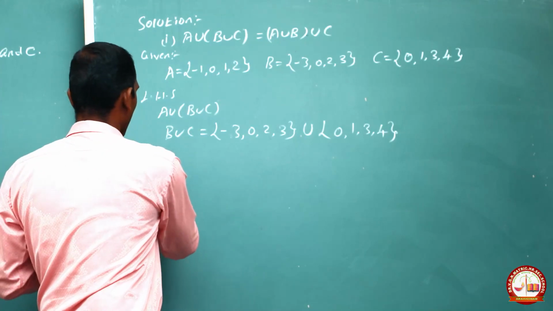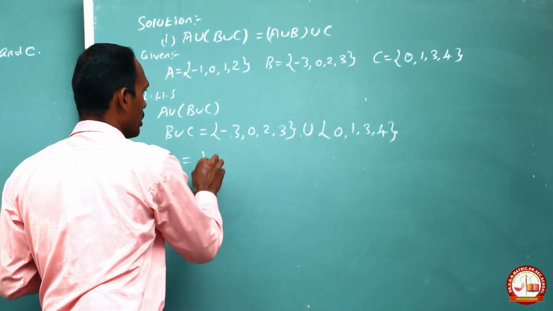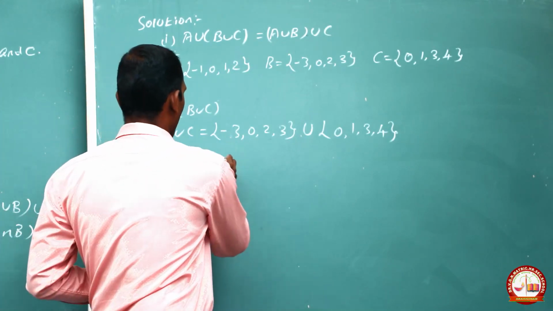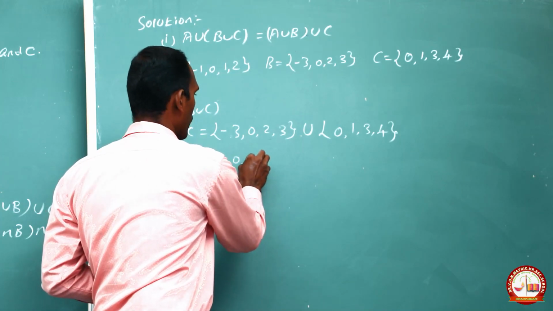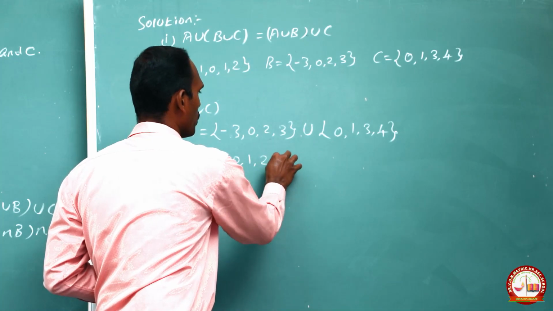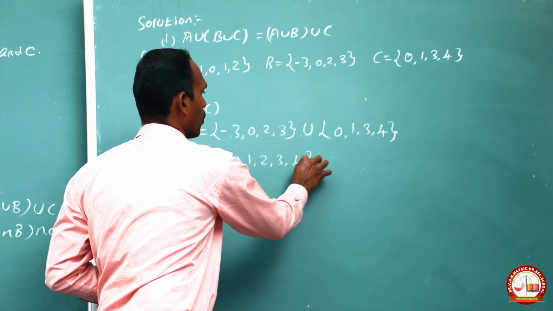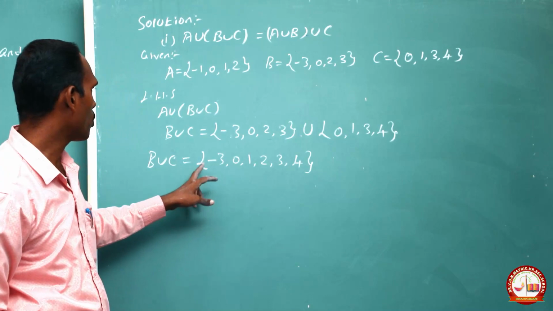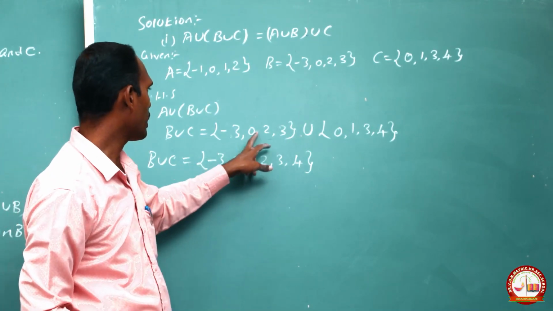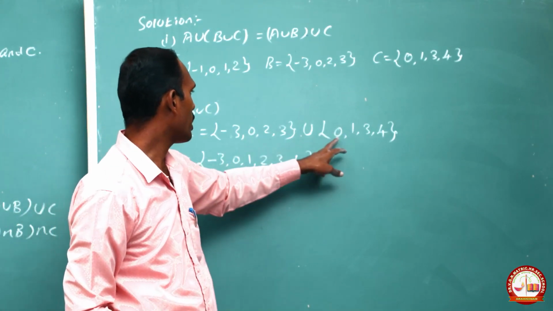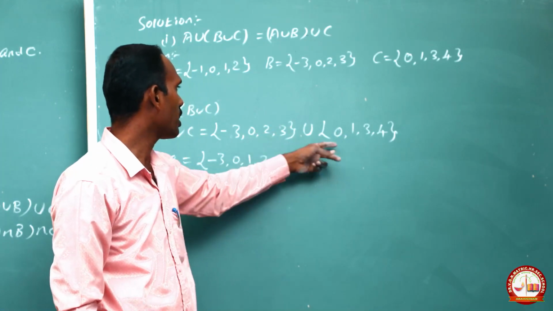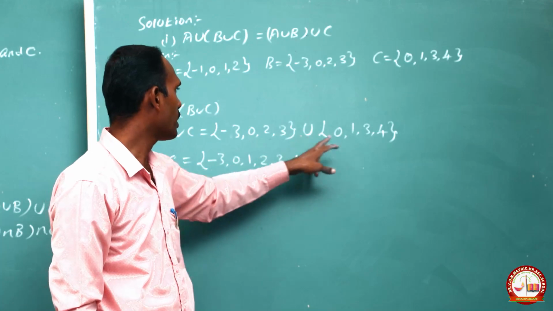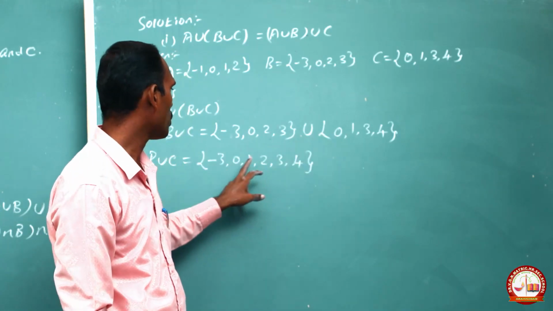Okay. So B union C equal to -3, 0, and then 1, 2, 3, 4. We have to write the -3 and then write the 0, and then here 0 is repeating, so don't write the 0 again, and then write the 1.